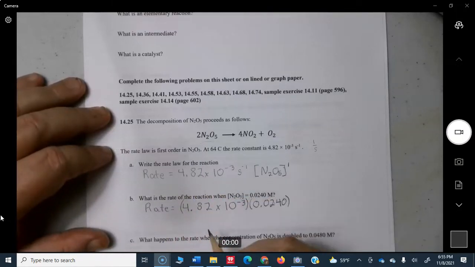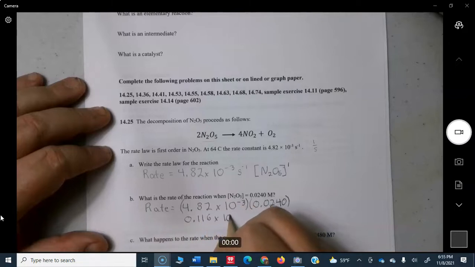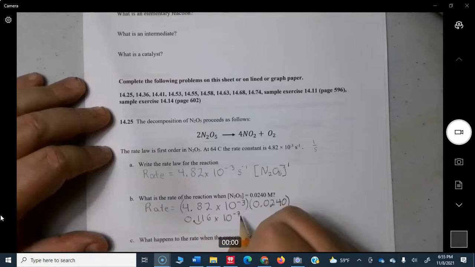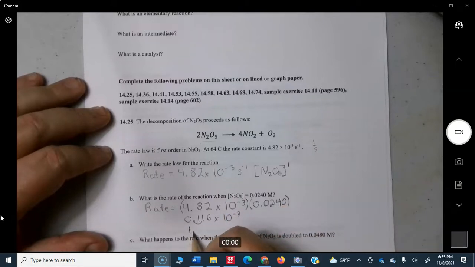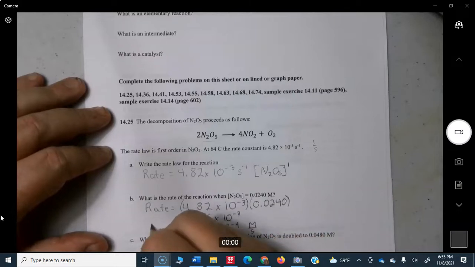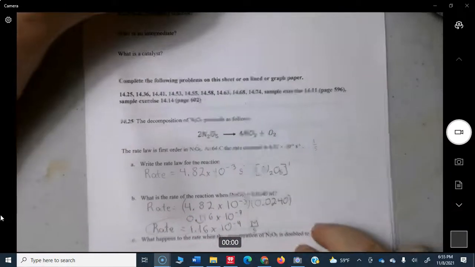We'll call it 0.116. We're going to adjust the decimal. We make this one bigger, so we make this one smaller. And it's molar per second. Rate is always molar per second. Okay, so there's the answer to that.